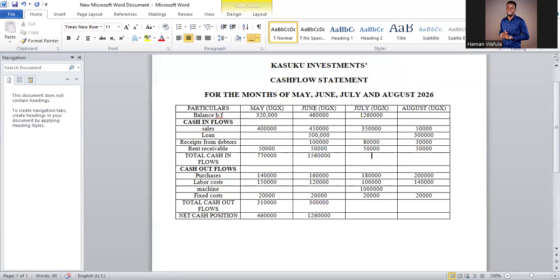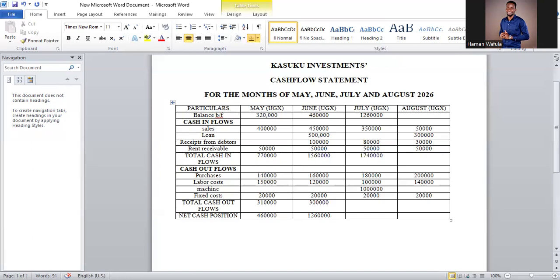Still, when you add that, we get the inflows for July: 1,260,000 plus 350,000 plus 80,000 plus 50,000. We get 1,740,000. Subtract it from the outflows that we have.